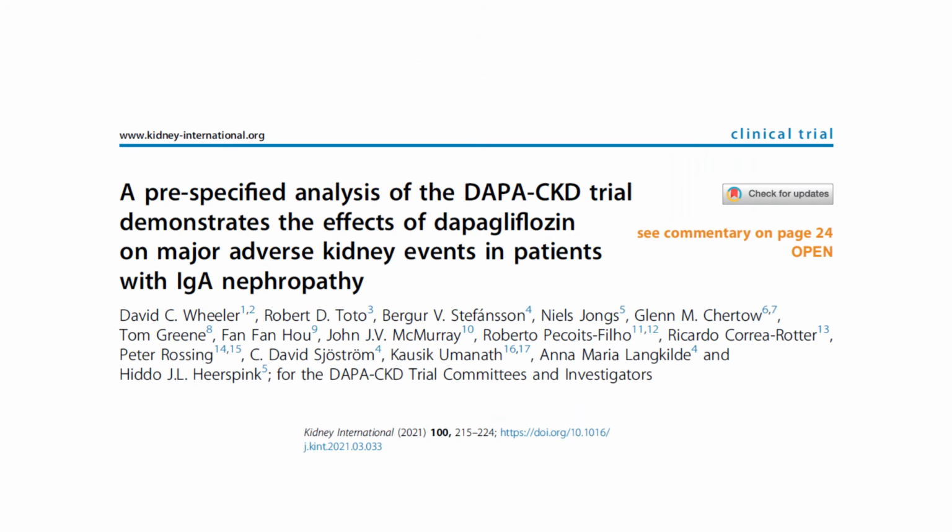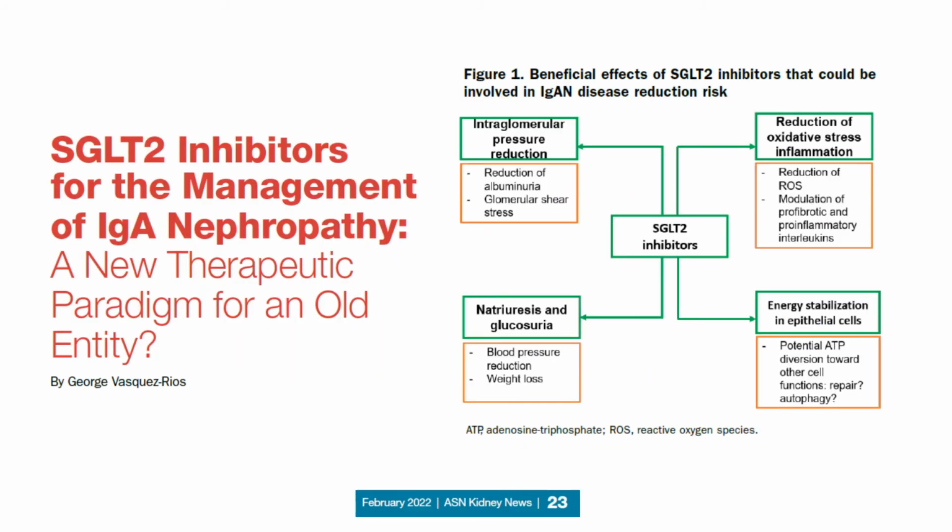Another point that I have to stress, beside what was mentioned in the KDIGO guidelines, is that we now have very good evidence that SGLT2 inhibitors, such as dapagliflozin, have an important and good effect in IgA nephropathy cases, delaying the progression of the disease and improving the case in the long term.